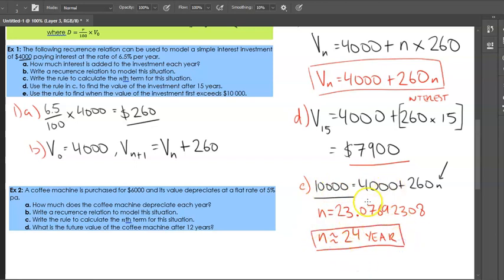We don't round down. If we round down to 23, we haven't necessarily hit that 10,000. We need that little bit of 0.7 of a year to get to 10,000. So to play it safe, we round to 24. In this case, it exceeds 10,000 after 24 years.